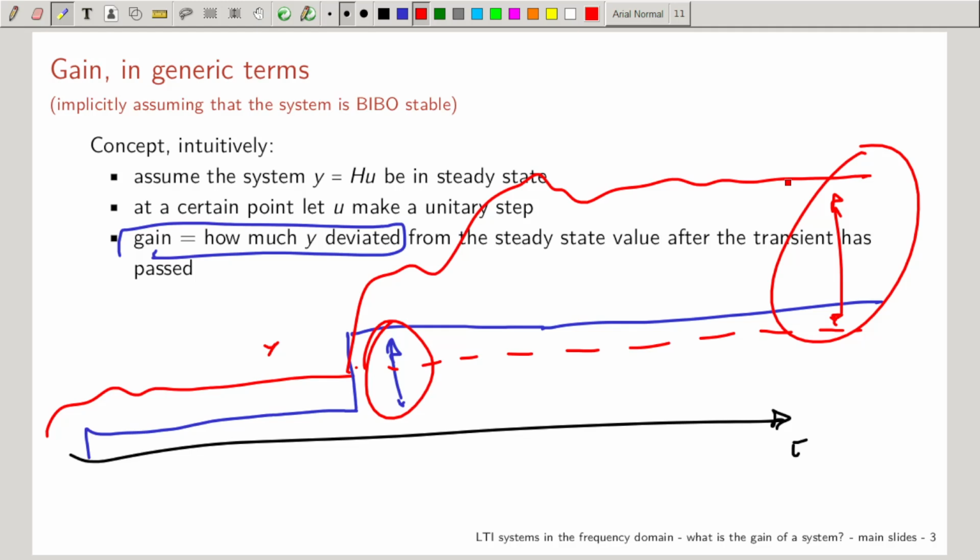What is the gain? I put a delta u, and I will get a certain delta y. And the gain is going to be this ratio. This is going to be my gain after the transient passed. I put 1 Newton, I move of 10 meters.